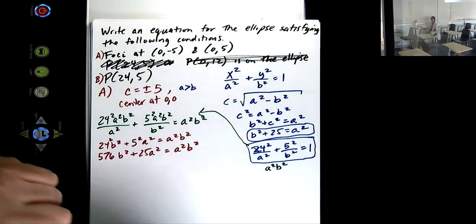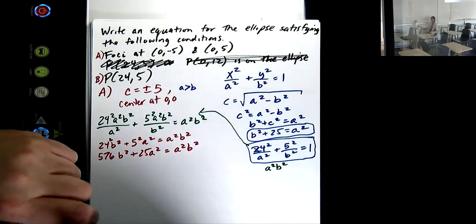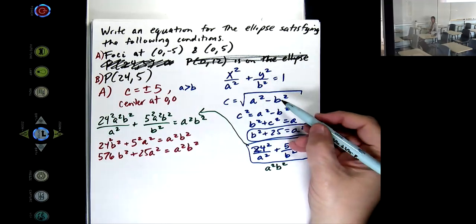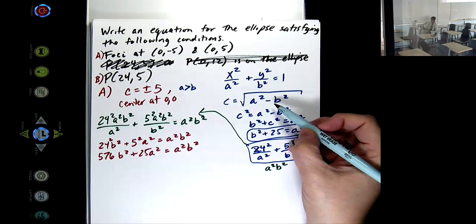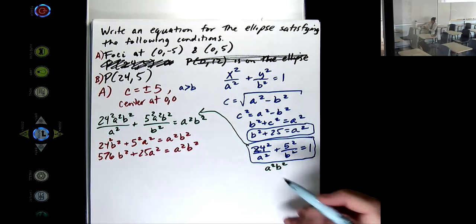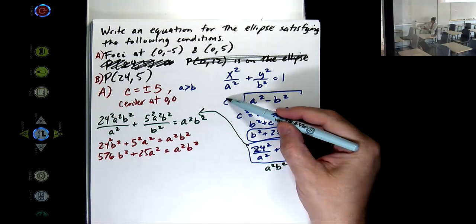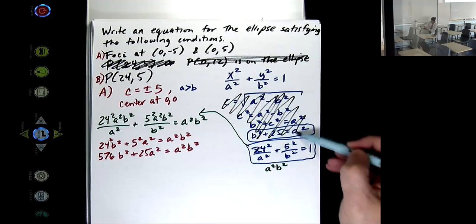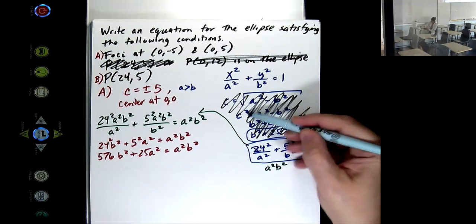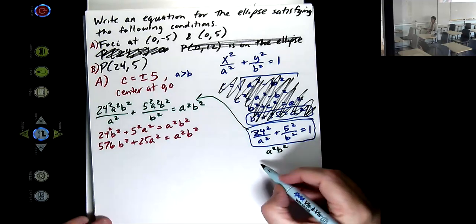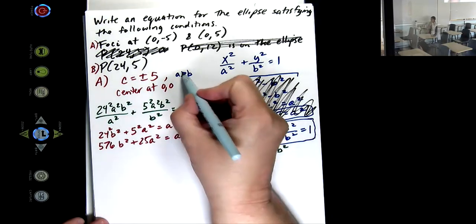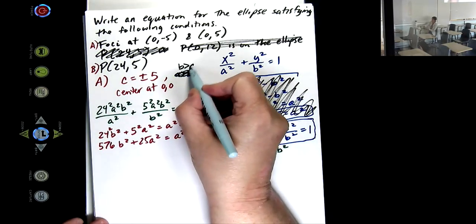So this is completely false. Let's change that around. This changes some of this. Let's fix that. You're right. b is greater than a.